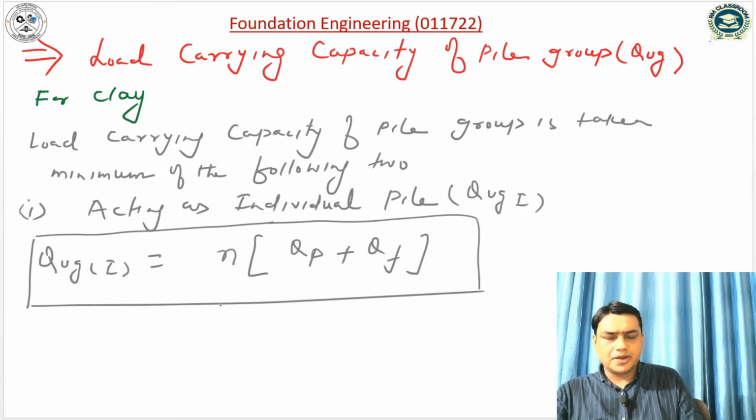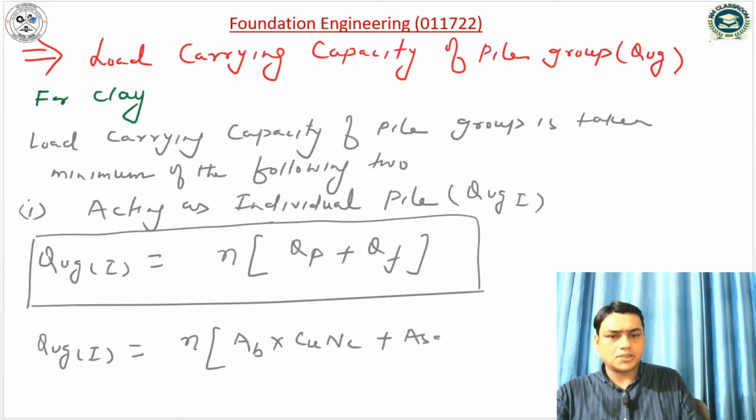It can be written as Qug(i) equal to n into (Ab, the base area, into Cu into Nc, plus As, the surface area, into alpha into Cu), where Cu at the base is Cu(p) and along the shaft is Cu(f).